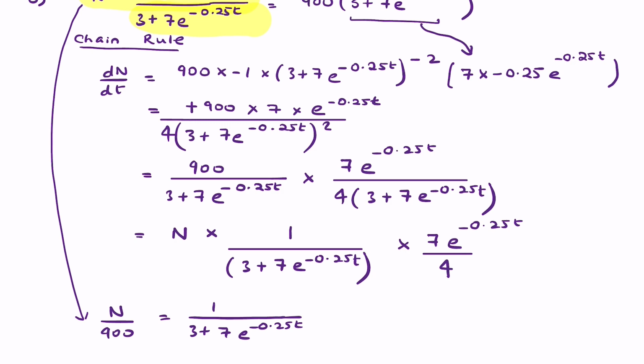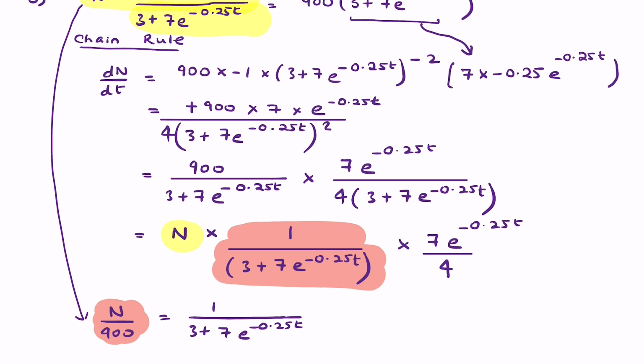So this means I can now replace this by this. I replaced earlier 900 over 3 plus 7e to the minus 0.25t by n, and now I'm going to replace my second fraction by n over 900. I hope that's making sense.